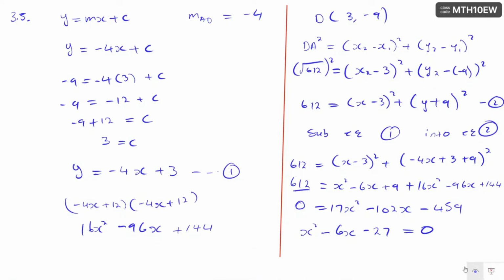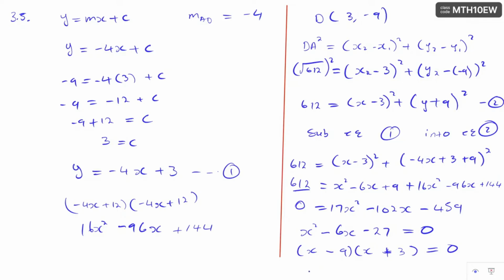So I can simplify this to be x equals 0. So 27. So negative 9 plus 3. Yeah, negative 9 plus 3.